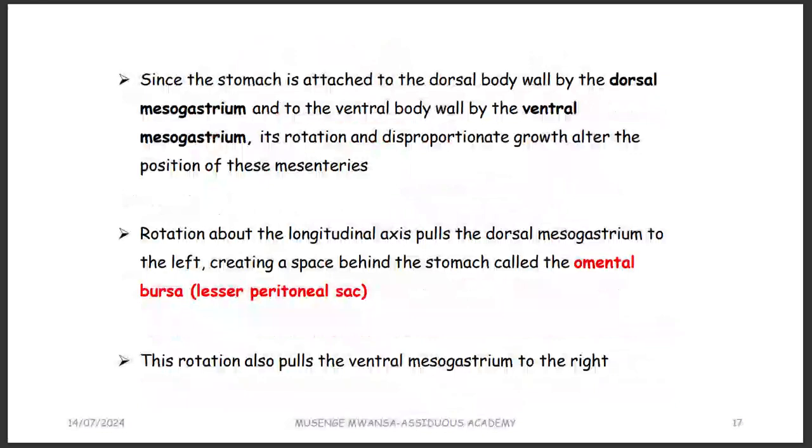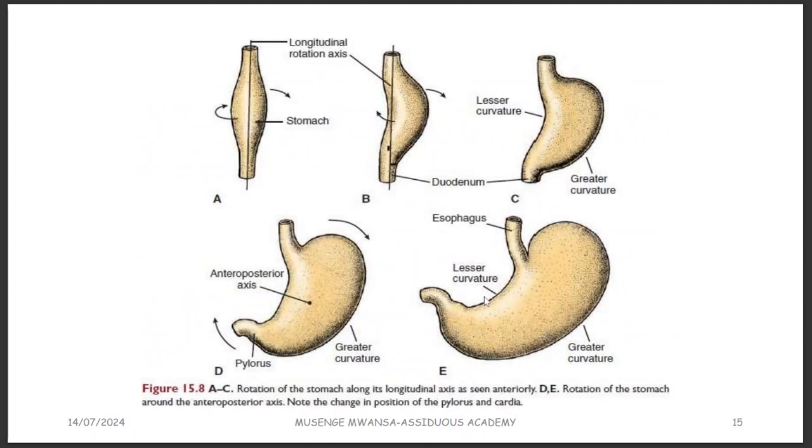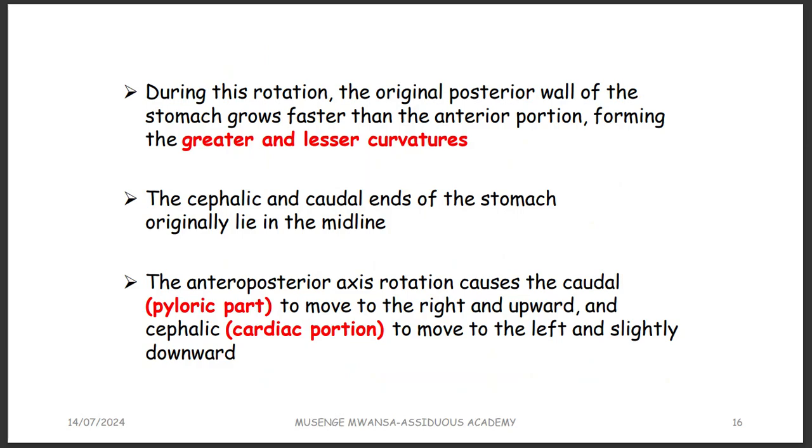That's why the stomach changes a bit like this. Can you see? It tends a bit up. Initially it was on the midline, if you can see B. But then it tends a bit up like that, the pyloric end. And so that pushes the cardiac end to move to the left and slightly down.